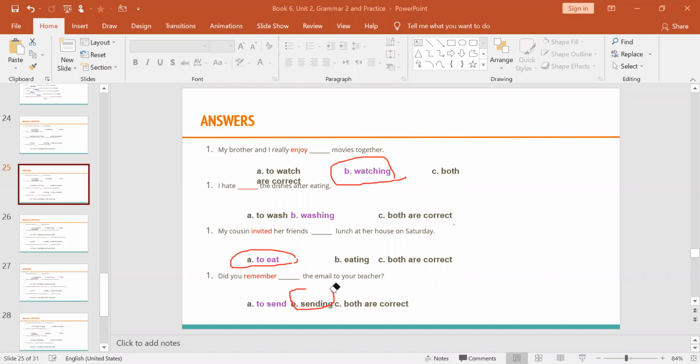And actually, I think there are cases where both would be correct. Did you remember to send the email to your teacher? Did you remember sending the email to your teacher? Both would be correct here. And then also, both would be correct up here as well. Okay. So it's just a difference of opinion there. Don't worry about it.